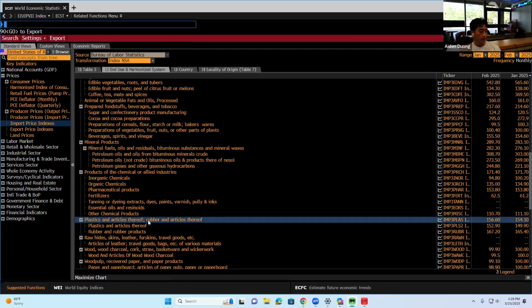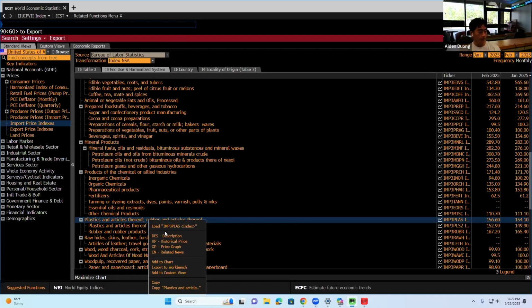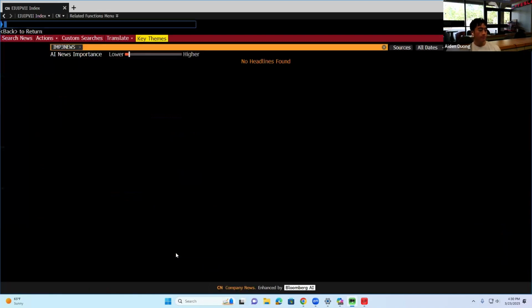And you can also look at related news towards the plastics industry. If you're trying to find news related to tariffs and plastics, this is an easy way to do it. Just go to ECST, go to prices, and then import prices, and then right click on what you want to inspect, and from there, gather your information. Or press C on related news. Well, right here, there's no headlines found.